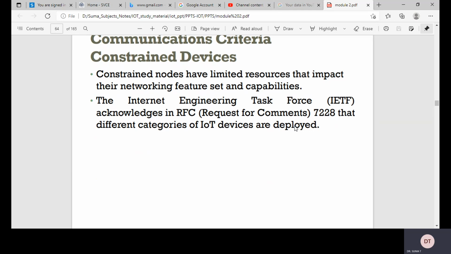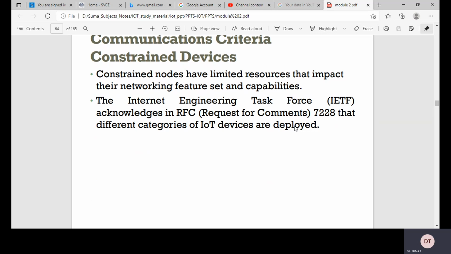These definitions help differentiate constrained nodes from unconstrained nodes such as servers, desktop or laptop computers, and powerful mobile devices such as smartphones. Constrained nodes have limited resources that impact their networking features and capabilities.